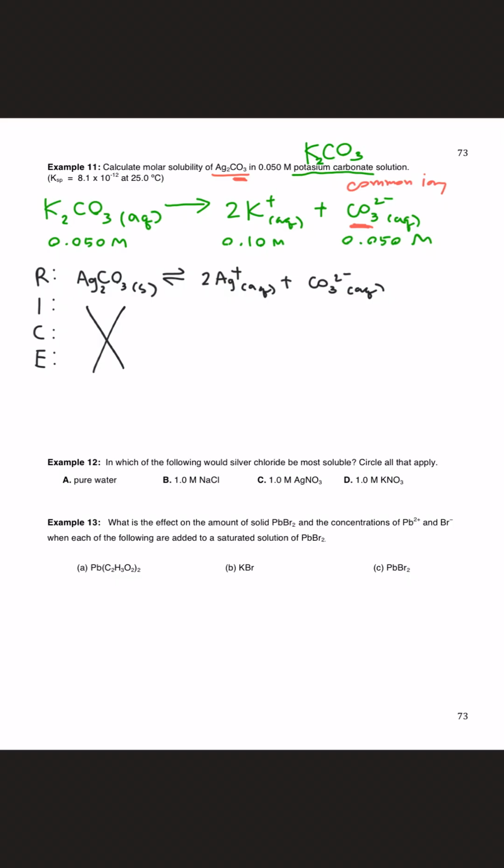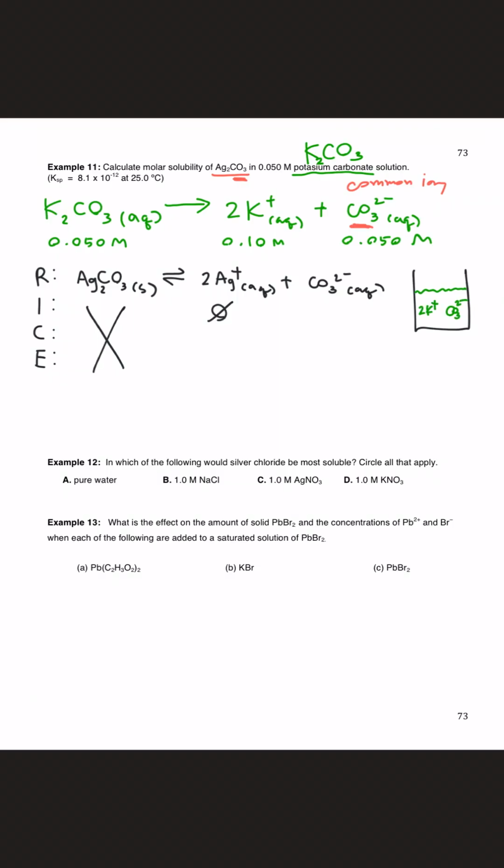And for the silver ion concentration, there is no common ion for silver, so this would be 0 at the beginning. And we see that for carbonate, there is a common ion. This silver carbonate is dissolved in a potassium carbonate solution, which means if you have a beaker that contains a solution of potassium carbonate, this potassium carbonate would dissociate into 2 potassium and carbonate ion.